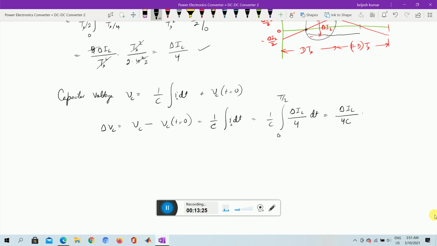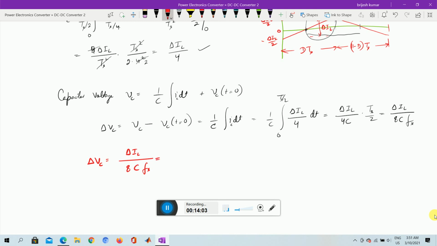Here the limit is 0 to Ts by 2. So Ts by 2 we get here, so this is nothing but del IL by 8C, and this Ts will come here, this is Fs. So we can write finally del Vc equals del IL divided by 8C Fs.